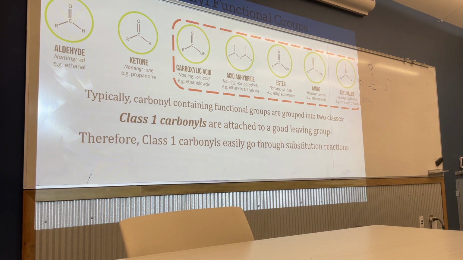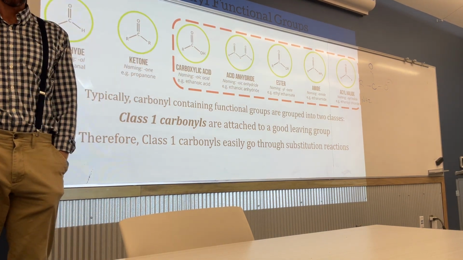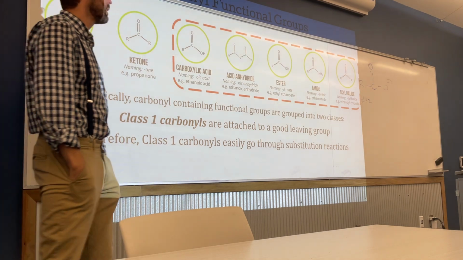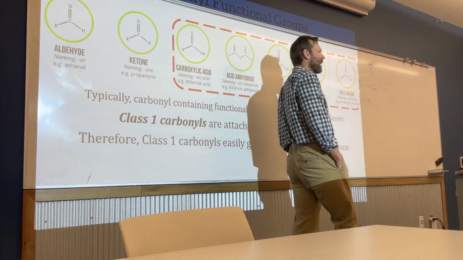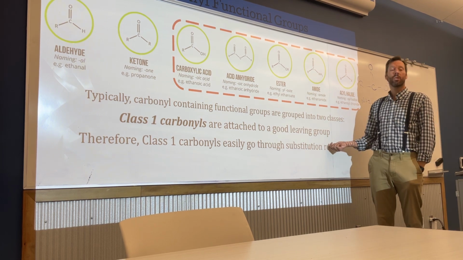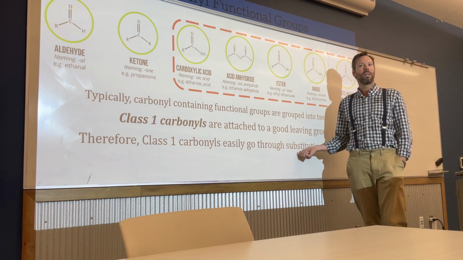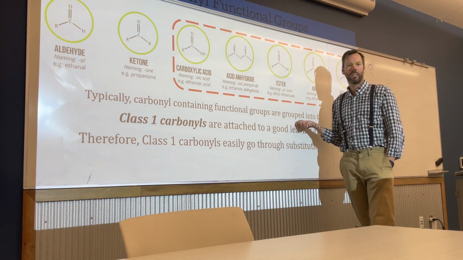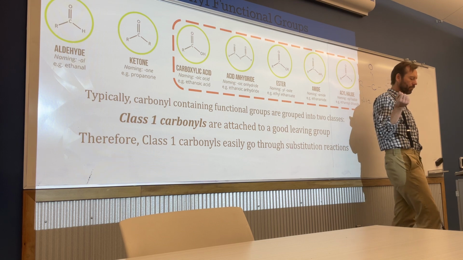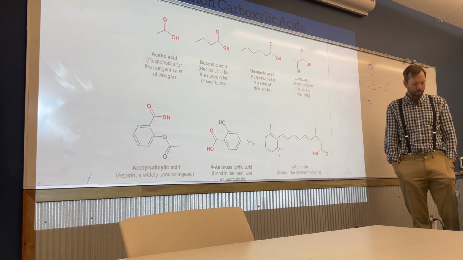So that makes it easy to deprotonate because that hydrogen is going to be considered a good leaving group. And so because it has good leaving groups, it's going to undergo substitution reactions, right? Where the nucleophile attacks and the leaving group leaves. All right, and here are some examples.